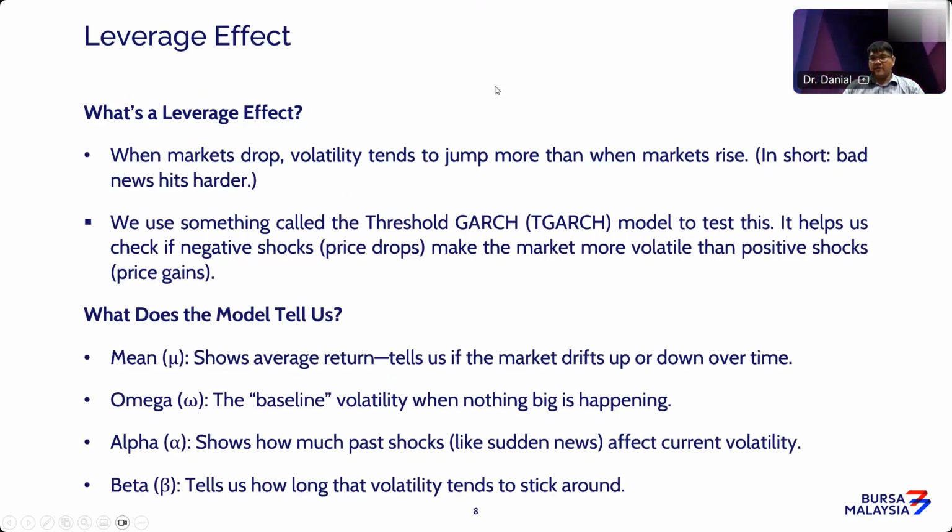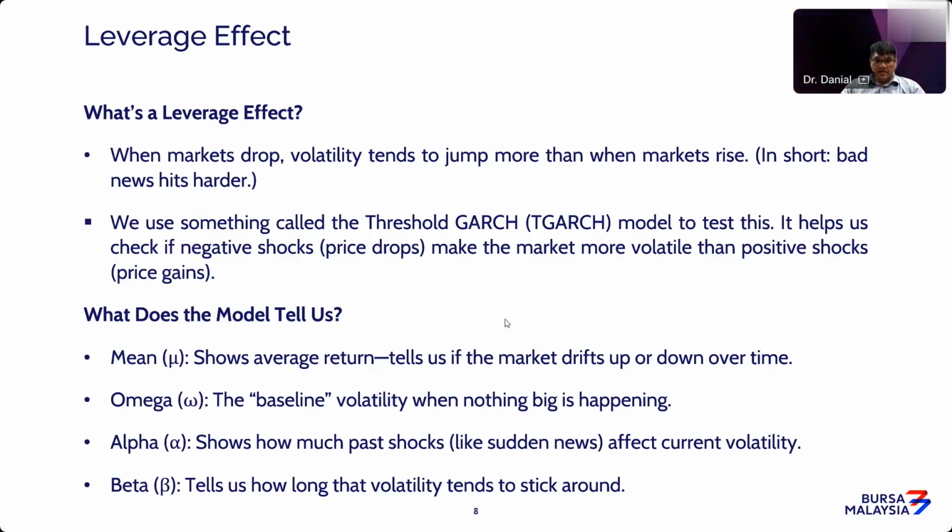So we are looking at the mean, omega, alpha, and beta. These are the Greek letters. Mean shows us the average return. If we are running a GARCH model, the econometrician, the statistician, doesn't really care about the mean. What we are going to see more is omega, alpha, and beta. That is something we really want to delve into further tonight.